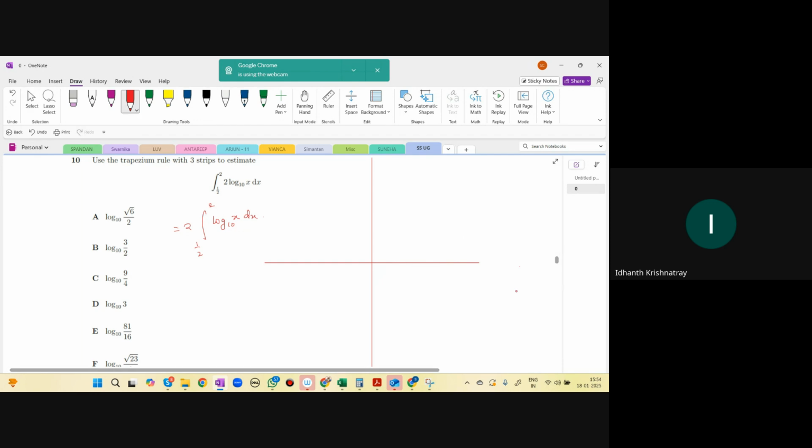Log graph is a graph like this. So this point is 1, 0. When x is 1, log is 0. Since this is base 10, when x is 10, this would be 1.